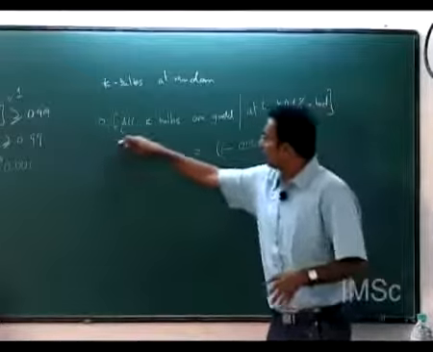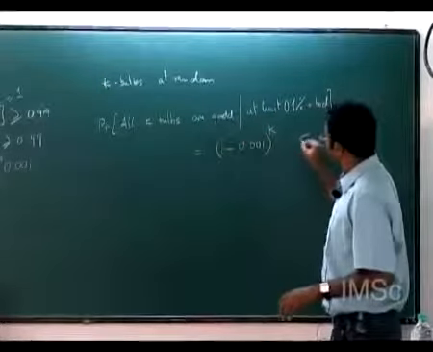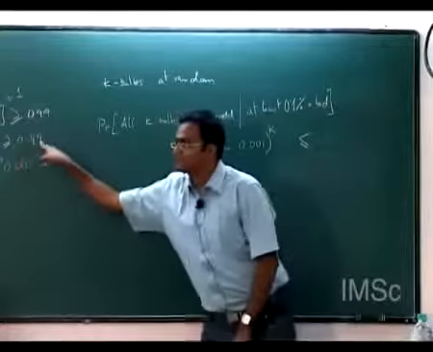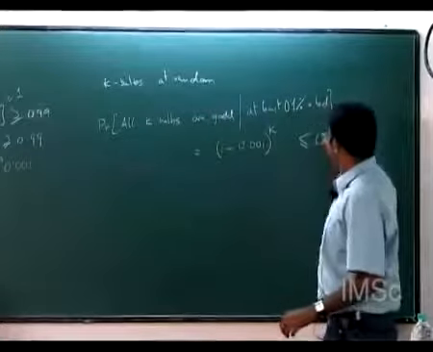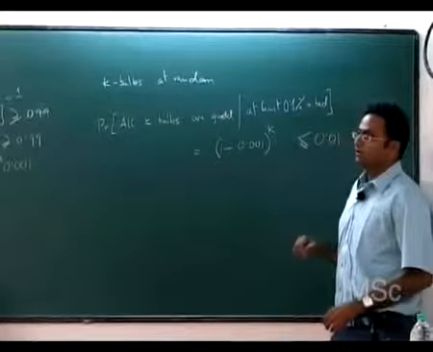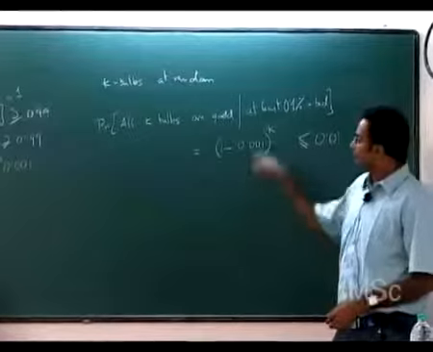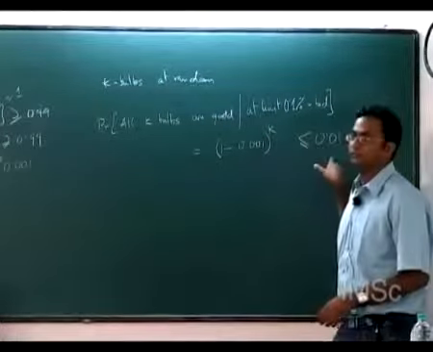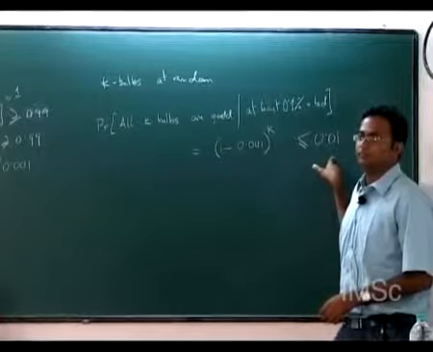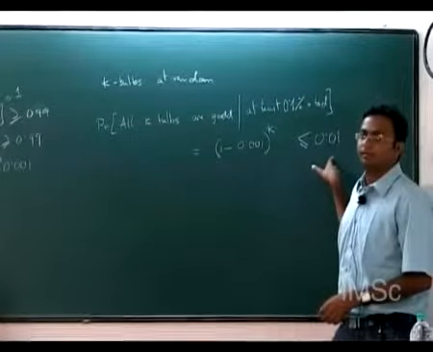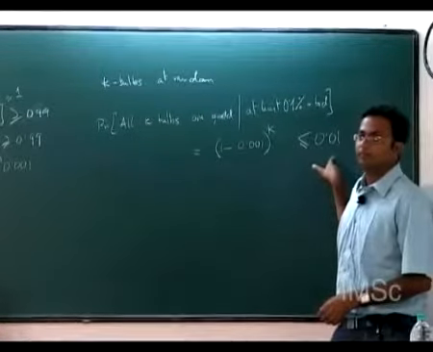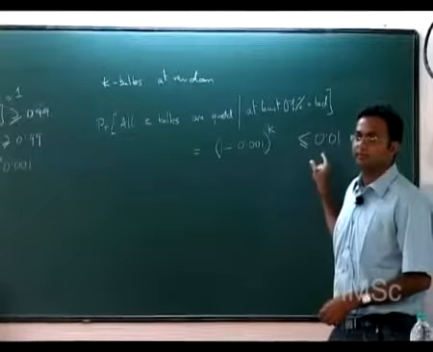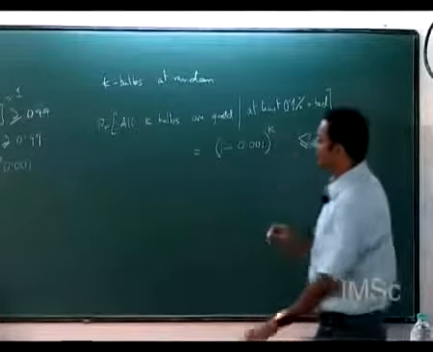So I would like to have this be less than 0.01, so I need to pick some k such that this happens. Is it clear? So what kind of k will work?